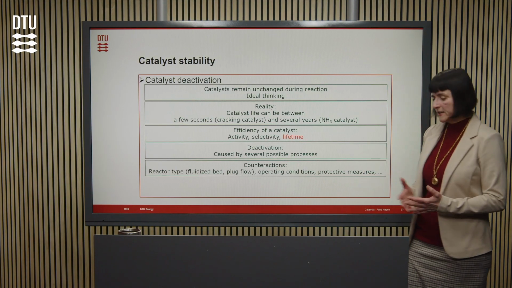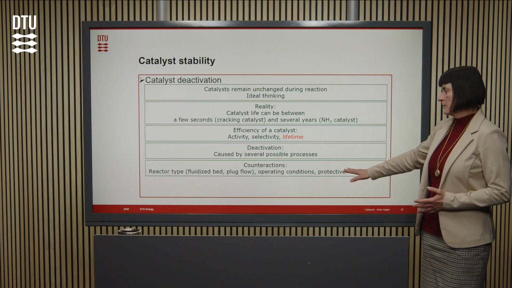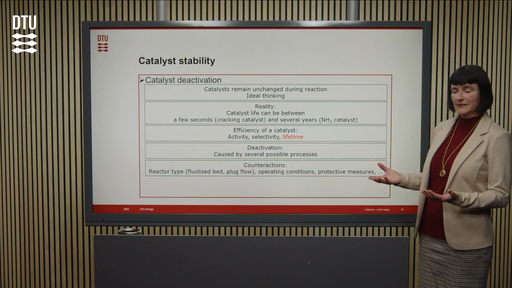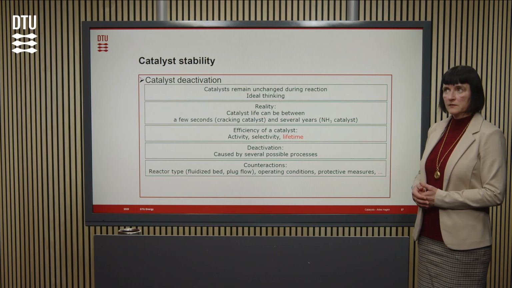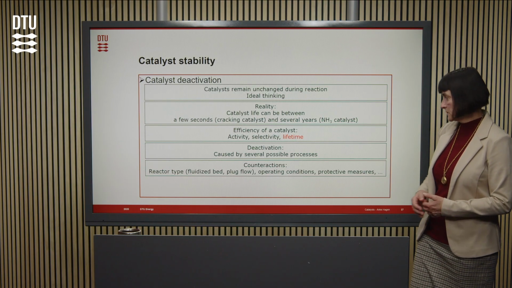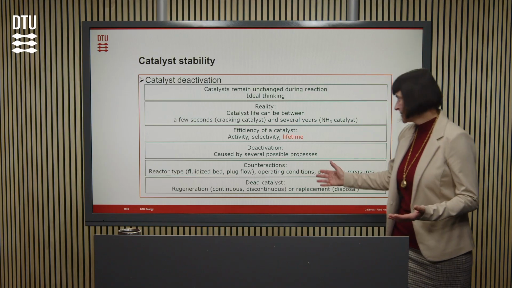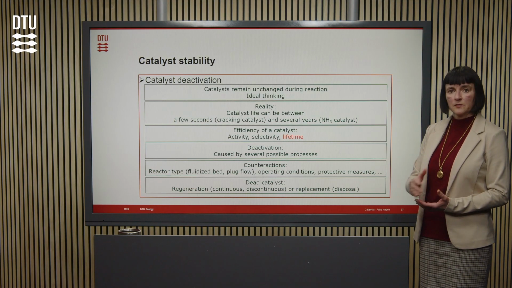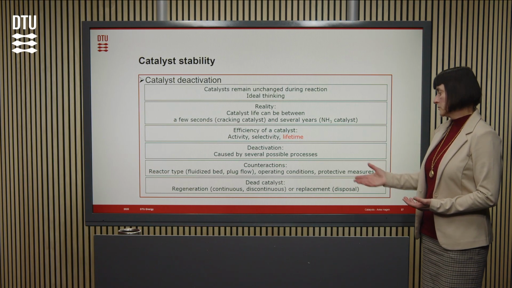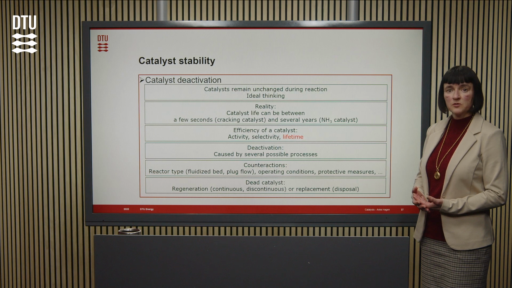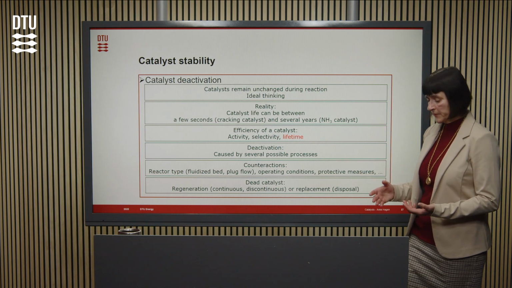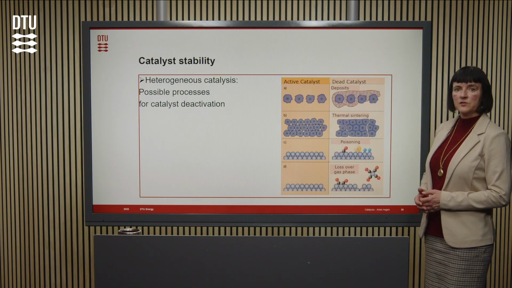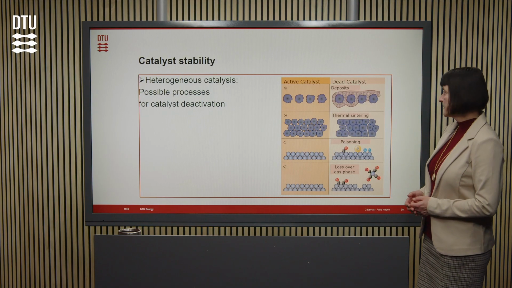How often you can counteract those, either by using a specific reactor type or developing the right catalyst, using safe operating windows, etc. Then when the catalyst is dead or used, you have to consider, can I regenerate it, maybe reuse it, or do I have to replace, dispose of, maybe recycle it?